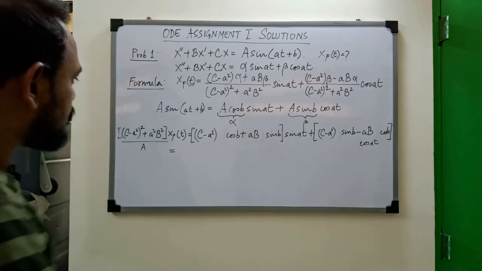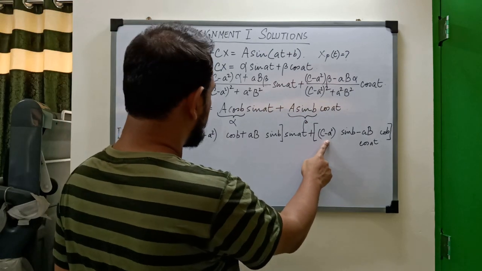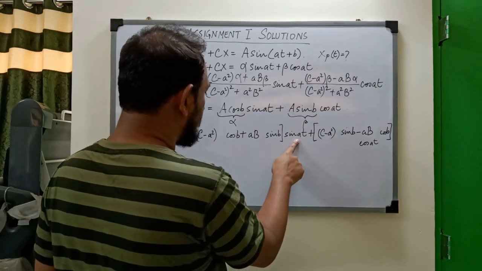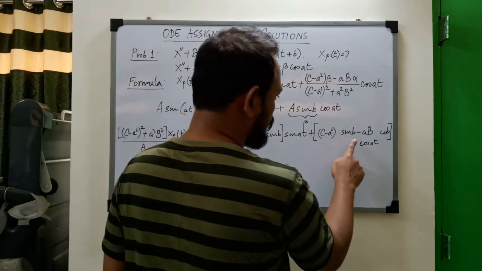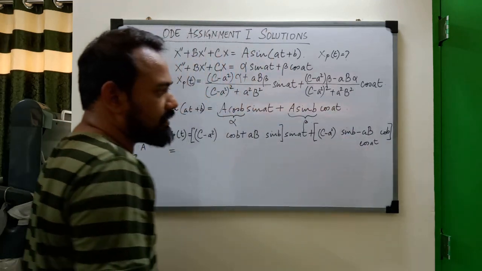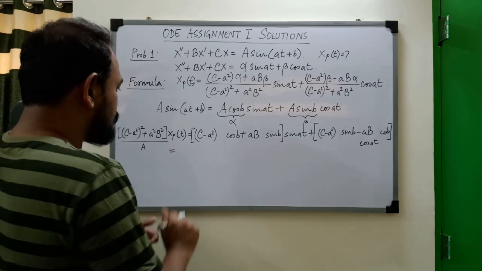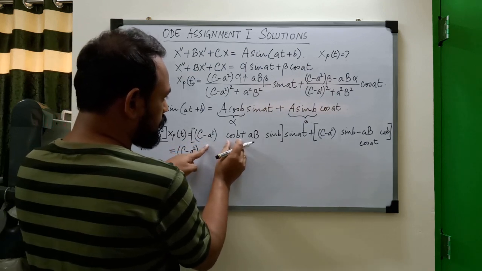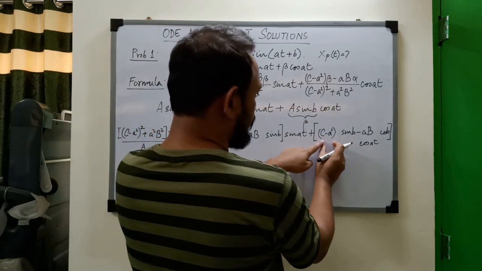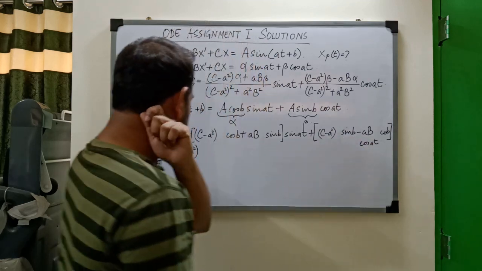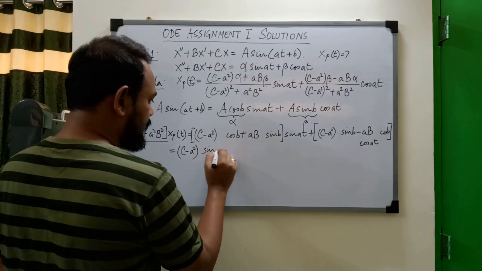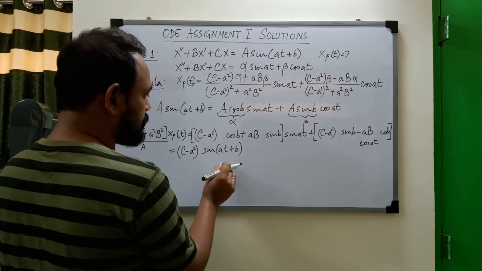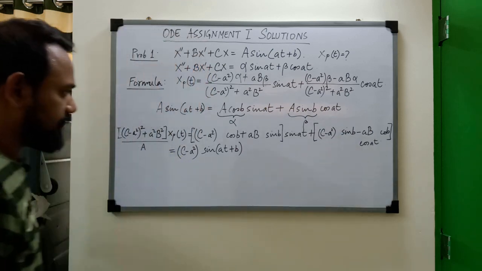So can I group things here? You can see C minus a square is common. If I take C minus a square common, I have sine at cosine b and cosine at sine b, which really is sine (at plus b). If I take C minus a square common from cosine b sine at and sine b cosine at, I'm left with sine (at plus b), because this will break up to give you sine at cosine b and cosine at sine b.